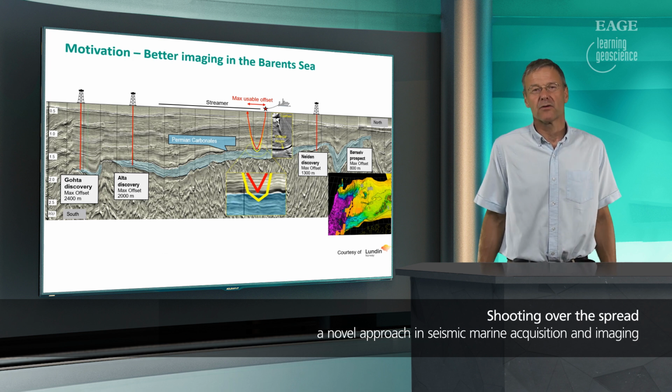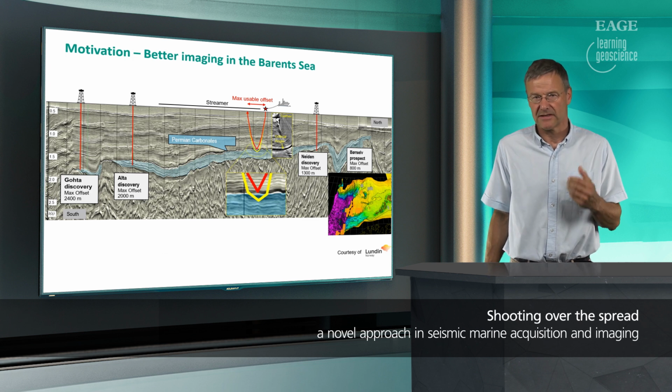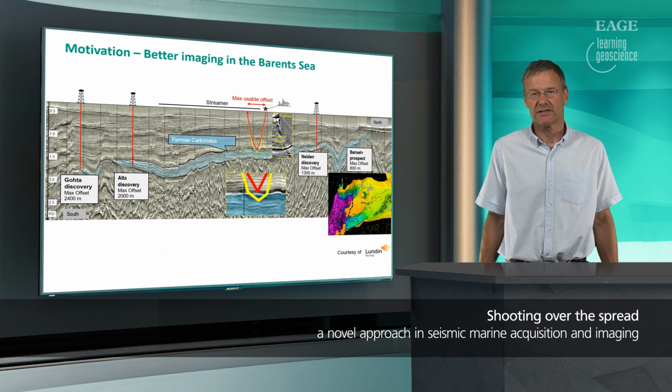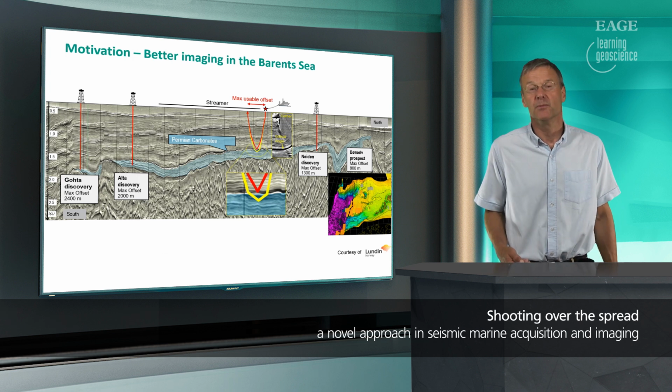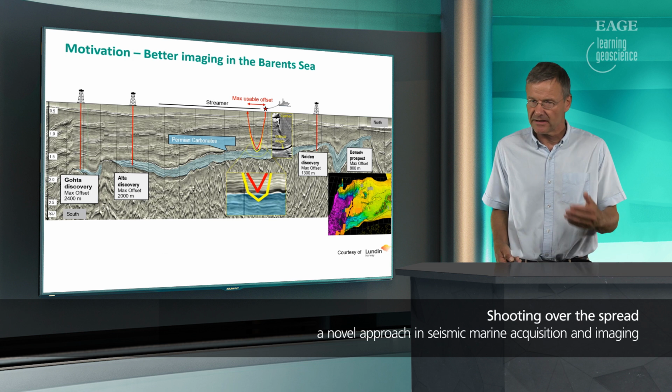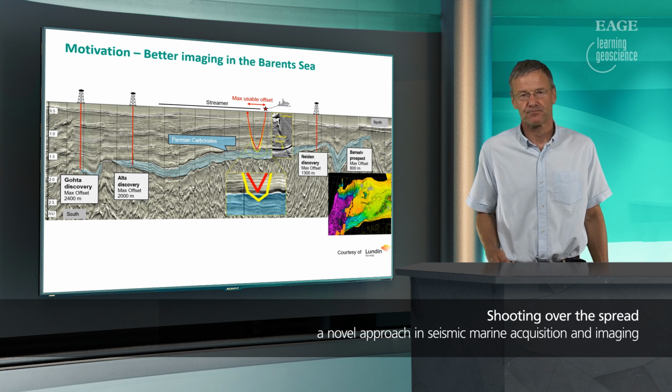This lack of near offset in conventional acquisition has been a big problem, creating difficulties in seeing clear images in this area. So TopSeis was one attempt to improve this situation. We'll see soon how the data looks in this area with TopSeis.